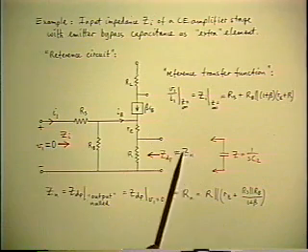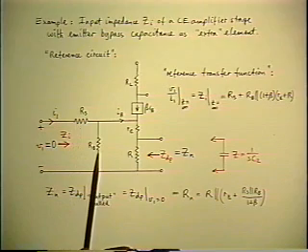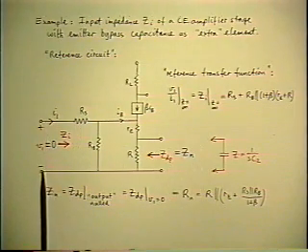Because we've seen that the detailed answer using the null is that RS is in parallel with RB. And you would get the same answer if you just shorted the input.